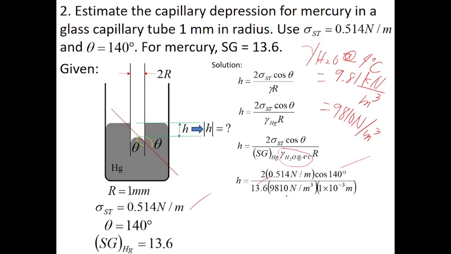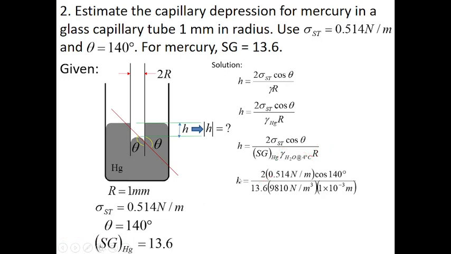Then the radius is 1 millimeter, and we express it in meters. We get an answer of negative 5.90 times 10 to the negative 3 meter.